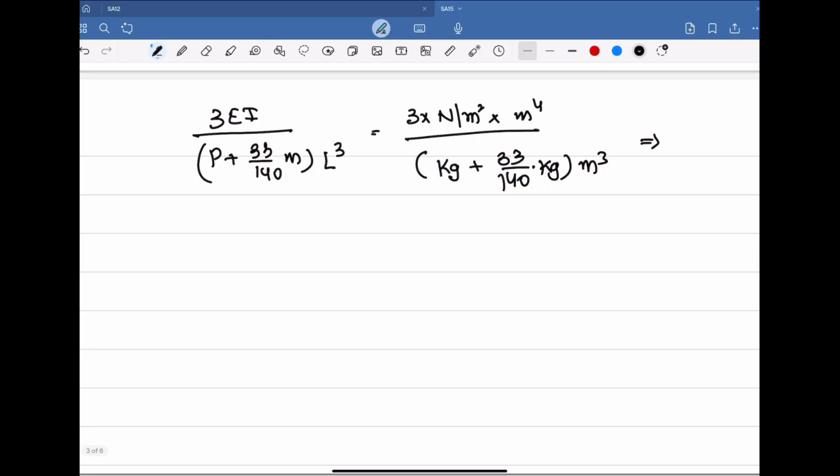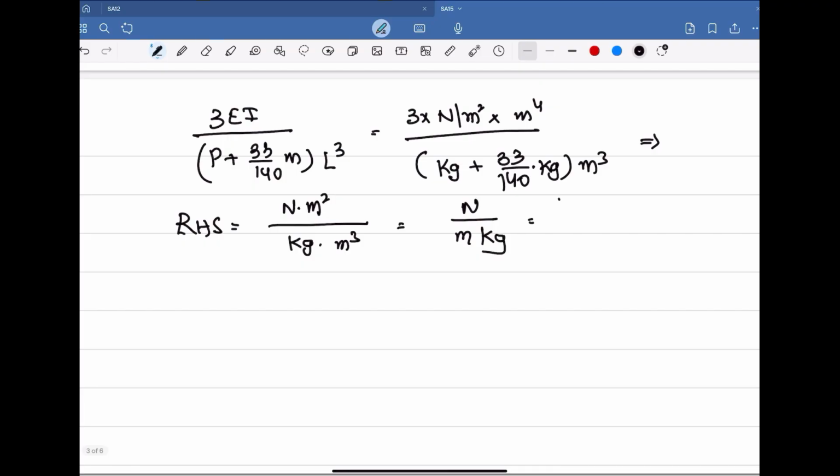That means right hand side is equal to, let us forget about the numerals, values do not have any dimensions. Then numerator will be Newton into meter square, because Newton per meter square into meter to the power of 4 is Newton meter square, whole divided by kg into m cube. That is equal to Newton by meter kg.